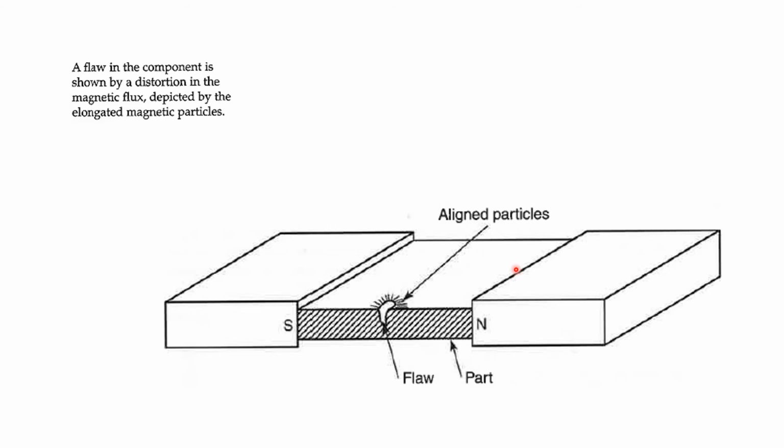And we have elongated magnetic particles. Here you can see these little elongated lines around the crack or the flaw in the part; that is your particle.